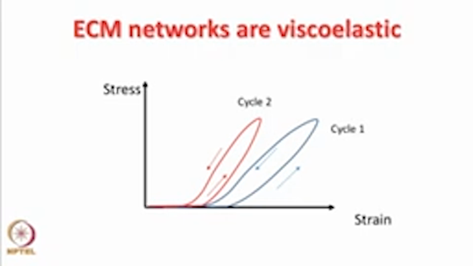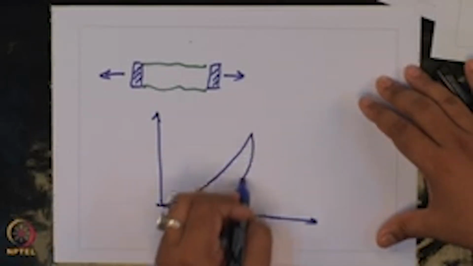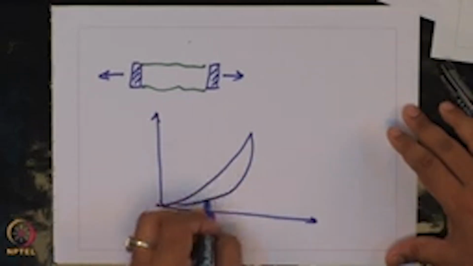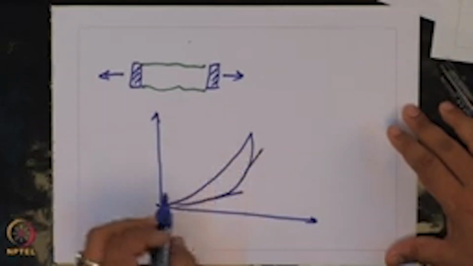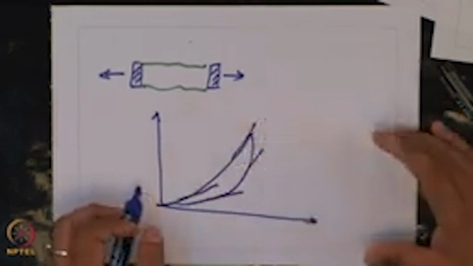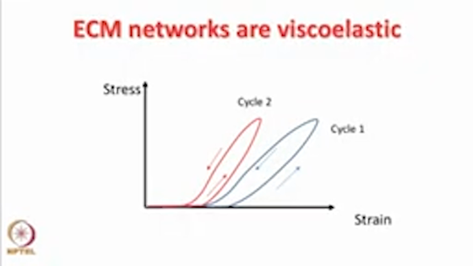If I were to approximate them as straight lines, even then the slope keeps changing from one cycle to the other. So, if I take the slope, this slope is less than this slope. So, the network is not getting softer, it is getting stiffer and stiffer.